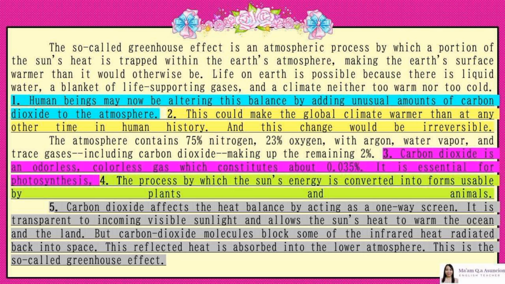Life on Earth is possible because there is liquid water, a blanket of life-supporting gases, and a climate neither too warm nor too cold. Number 1. Human beings may now be altering this balance by adding unusual amounts of carbon dioxide to the atmosphere. Number 2. This could make the global climate warmer than at any other time in human history. And this change would be irreversible.